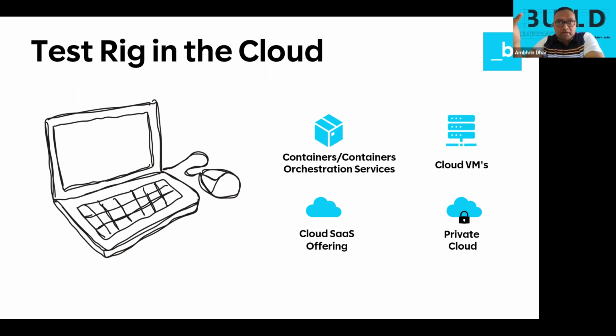They have Newman, that is their command line CLI, that you can use to write the test scripts in a CI pipeline and run the Postman test, even though it's not in your cloud. It's in the Postman cloud, but they give that SLA of how much time it will take for your test to run. So absolutely something that I would definitely encourage everyone to go and spend some time. So that's the cloud SaaS offering.